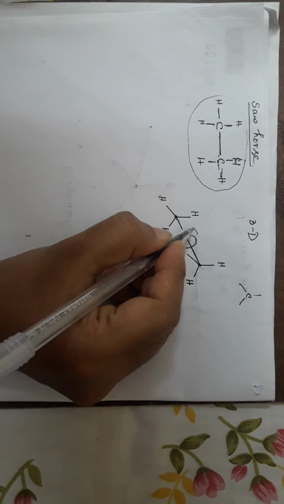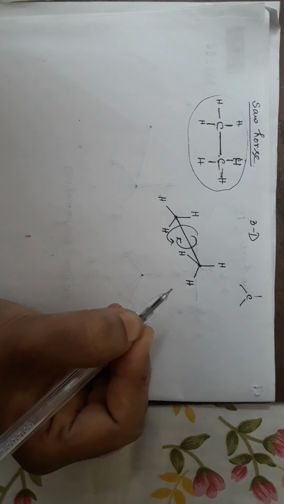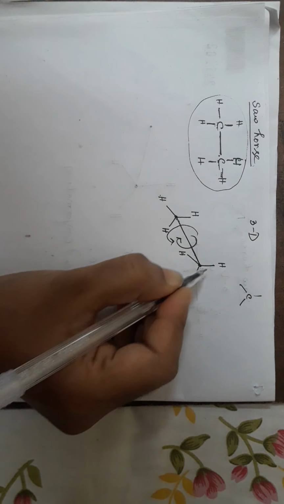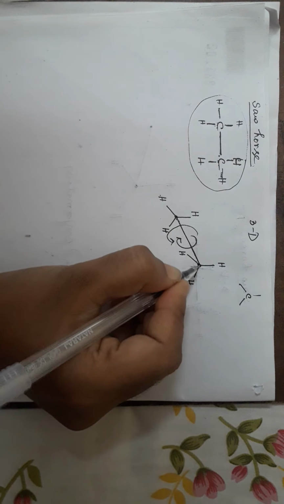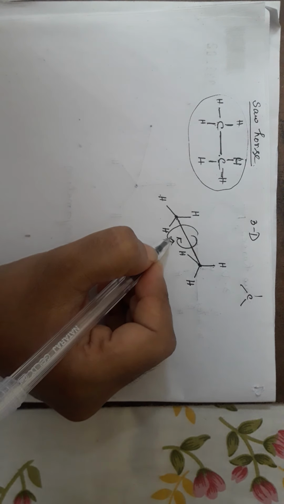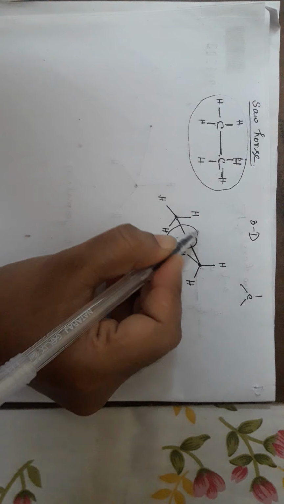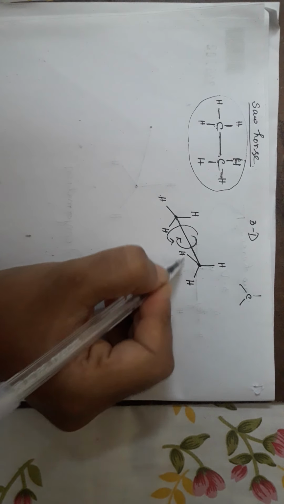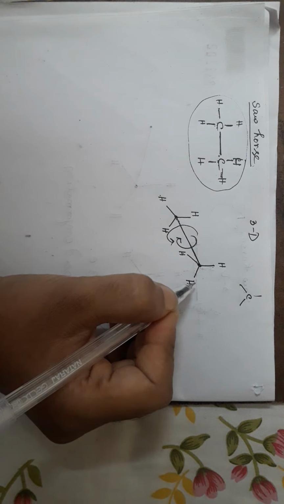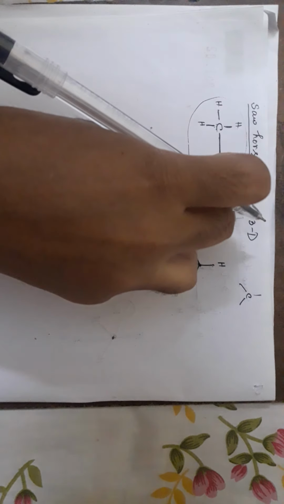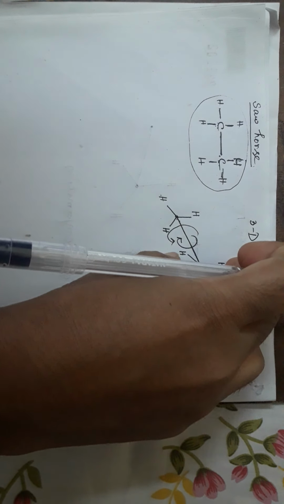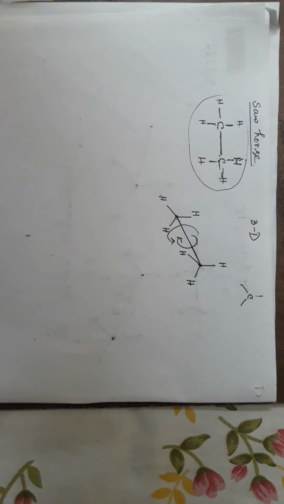So it may be clockwise or anti-clockwise with respect to the 3 groups attached to the other carbon, right? The rotation will depend on the 3 groups attached to the other carbon. So rotation of this will vary with the position of the 3 groups of the other carbon.